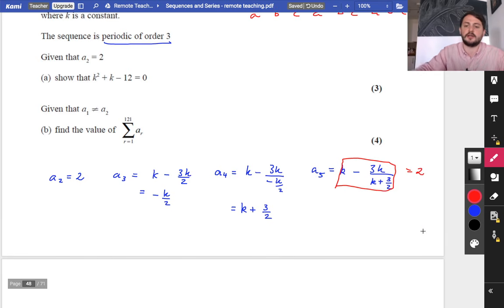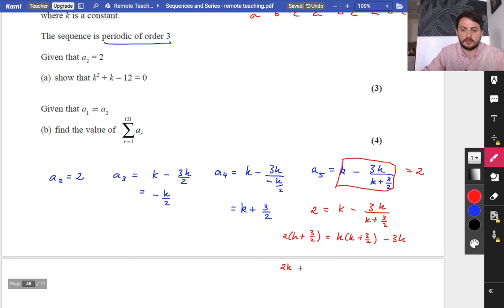So let's actually do some calculations. We now know that 2 is equal to k minus 3k over k plus 3 over 2. I'm going to multiply everything by k plus 3 over 2. So that's 2 times k plus 3 over 2 equals k plus 3 over 2 minus 3k.